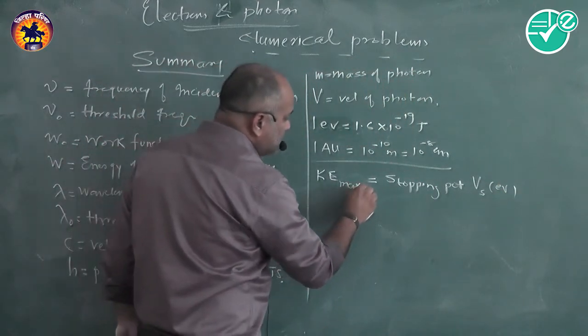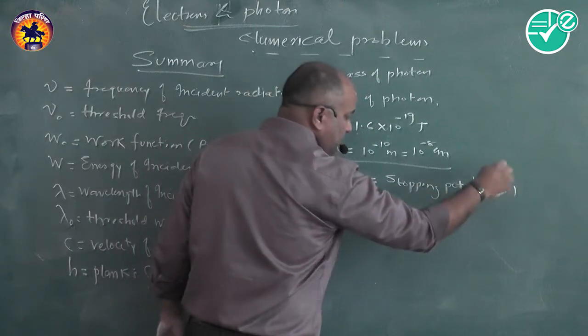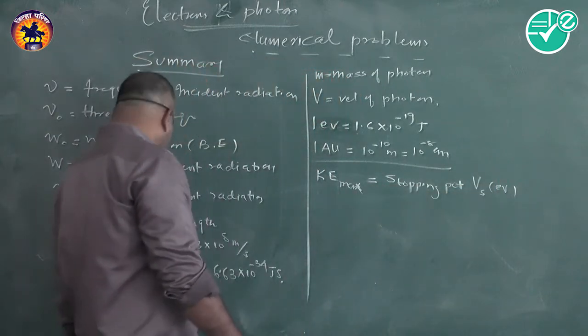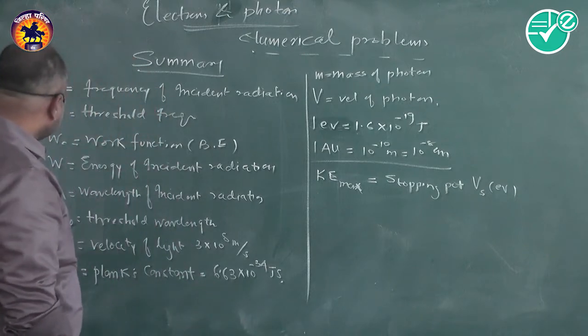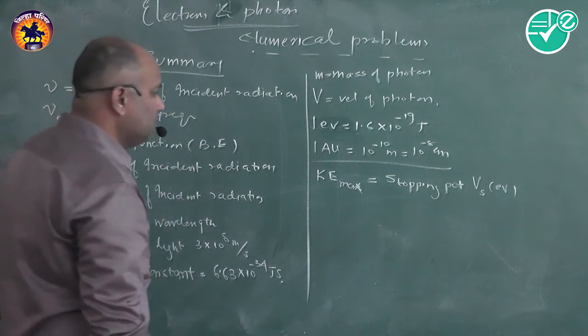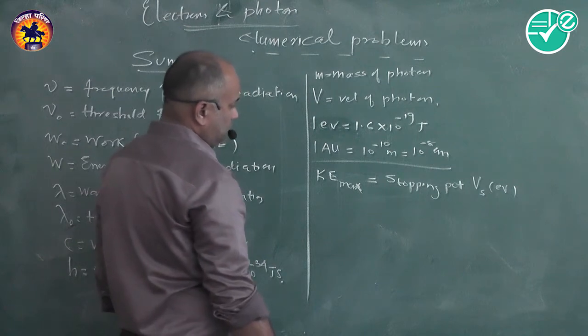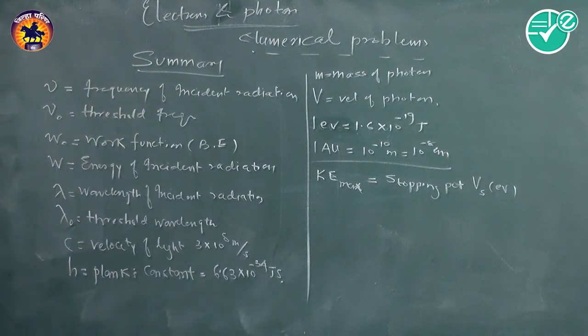Kinetic energy max is equal to stopping potential numerically, that is measured in electron volt. And further, anything left? Nothing. Okay, write it down.